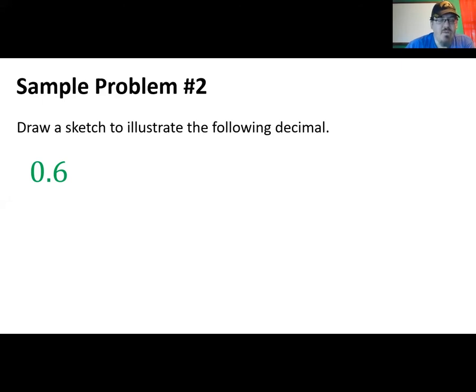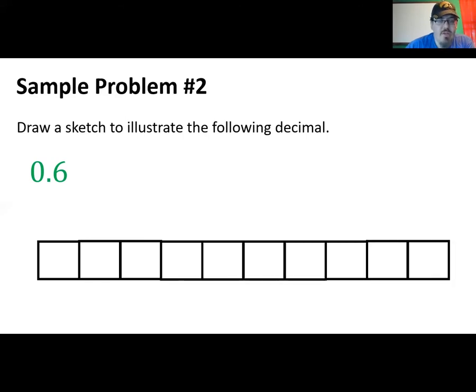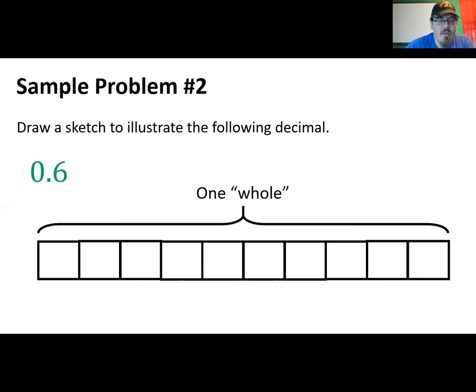With 0.6 or 6/10, we're going to split it into 10 pieces. So there's 1, 2, 3, and so on until we get up to 10 parts. This represents the one whole amount. What we need is 6 of those.